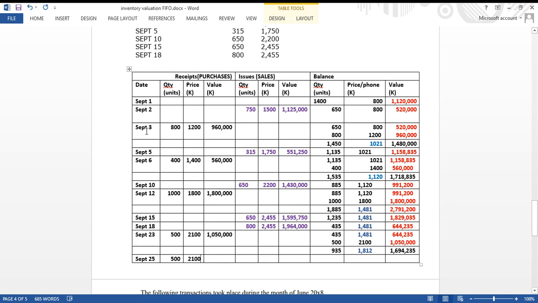When you multiply 800 by 1,200, it is giving us this 960,000. So when you go here, from September 2nd, we had the unit balance of 650. What of this 800? Are we not supposed to add it to 650? We did that here.